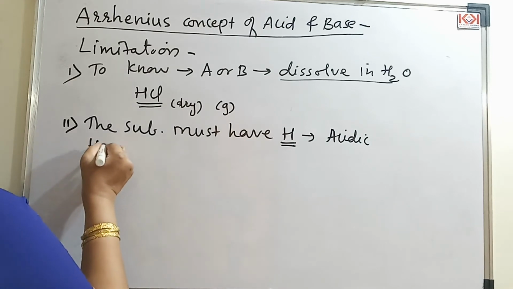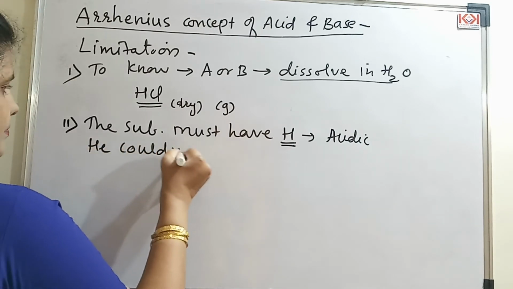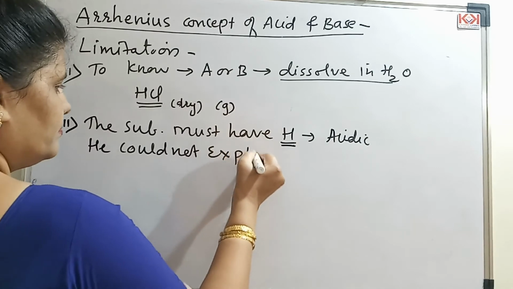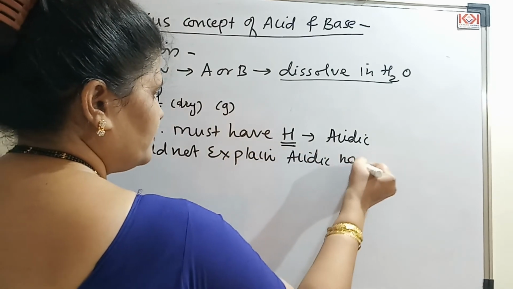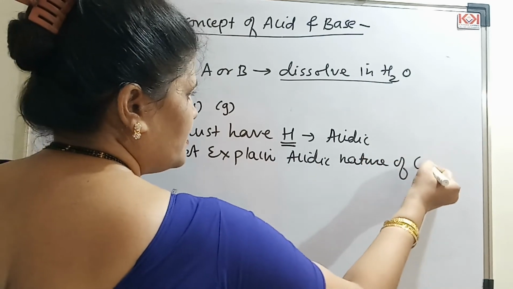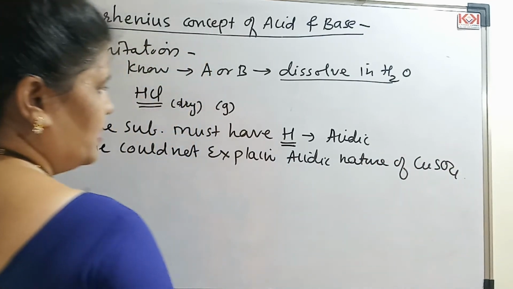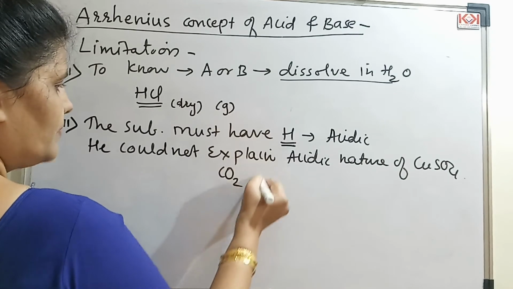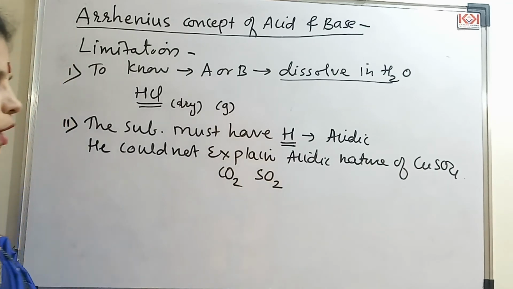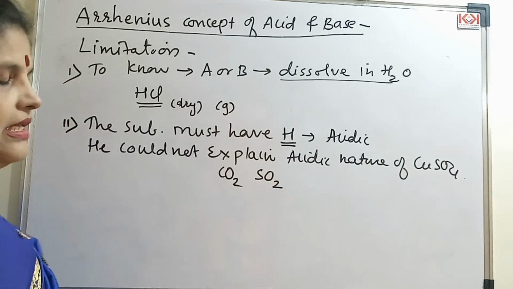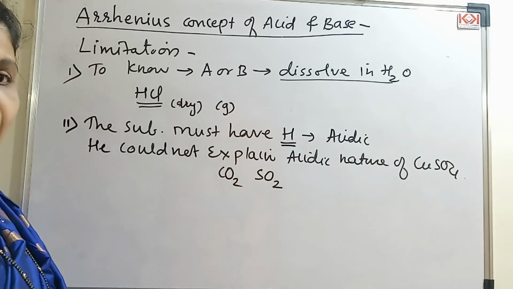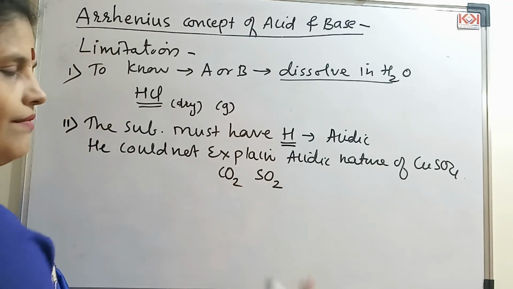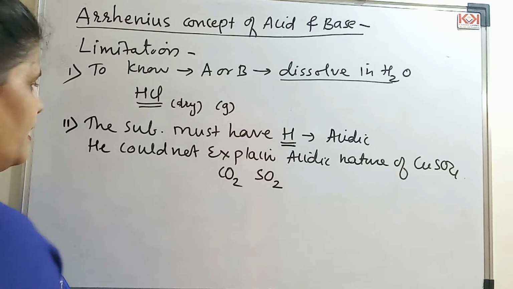He could not explain the acidic nature of CuSO4, CO2, SO2. He could not explain why those substances are acidic because they don't have protons, and when you add them to water they will not give H plus. Concept is very easy here.